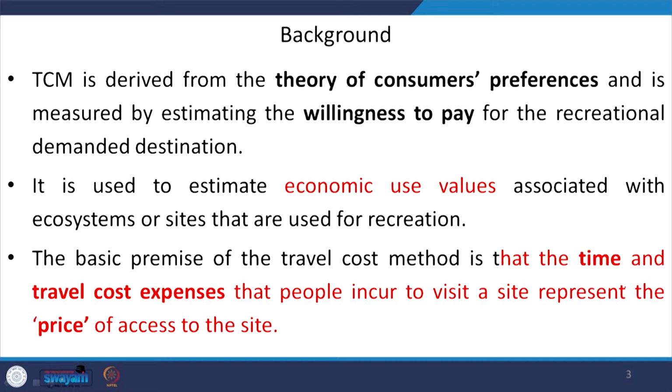The very premise of the travel cost method is that the value of time and the travel cost expenses are the proxies for the price to access a particular recreational site.